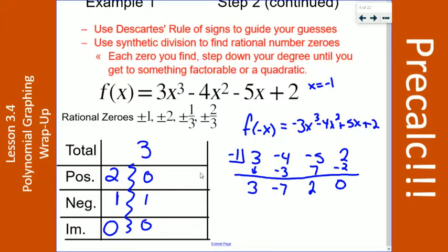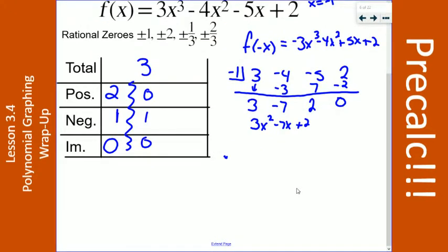So now we have a couple options. We have this function right here, which translates to 3x squared minus 7x plus 2. We can then use this function to find our remaining zeros, right?